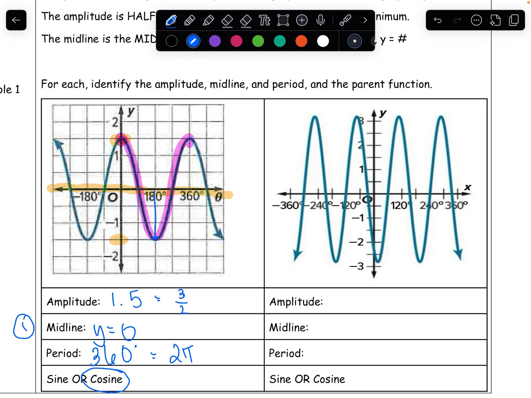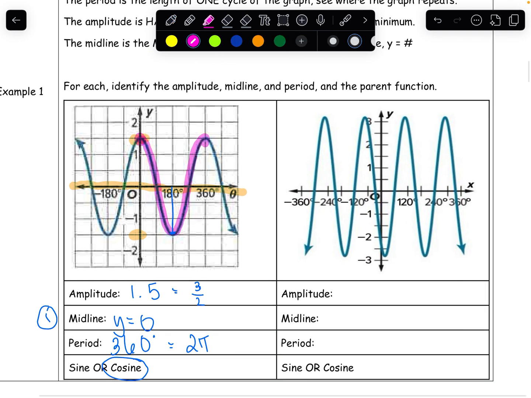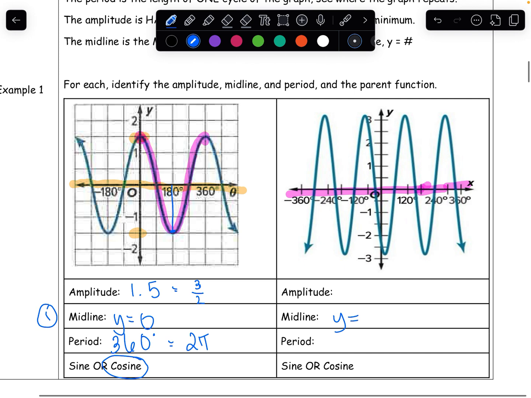Okay, so let's do our next one. Let's find our midline. So we're at 3 and 3. We'll just call it 3. So that means our midline is halfway through. And so our midline is going to be at y equals 0. Our amplitude is 3. Now, your amplitude will always be positive. And so what we're going to do next is start at our y value.